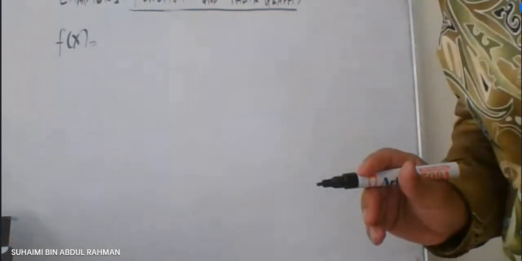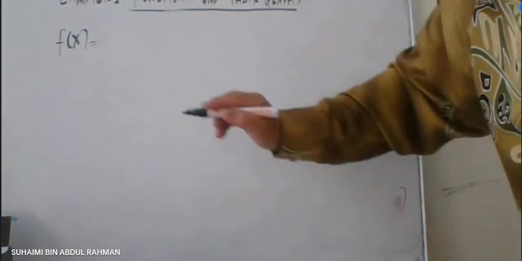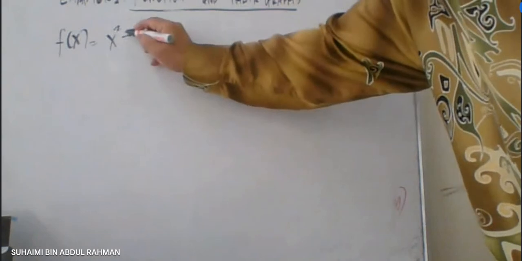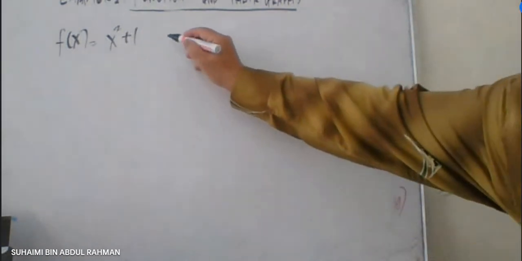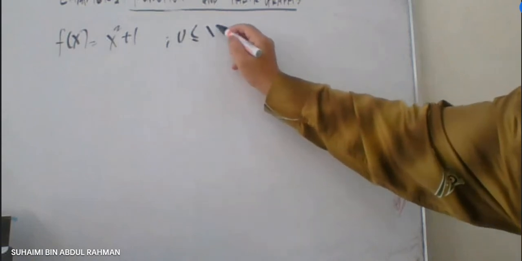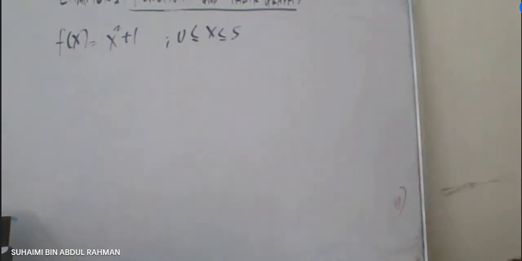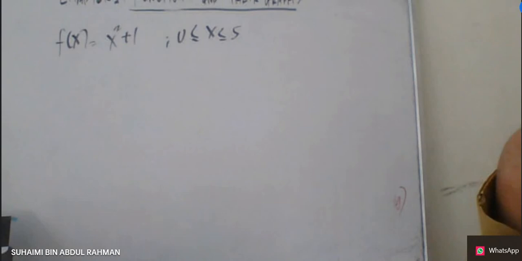Another function. f(x) equal to x squared plus 1, given that x is located between 0 and 5. So what is the domain of this function?